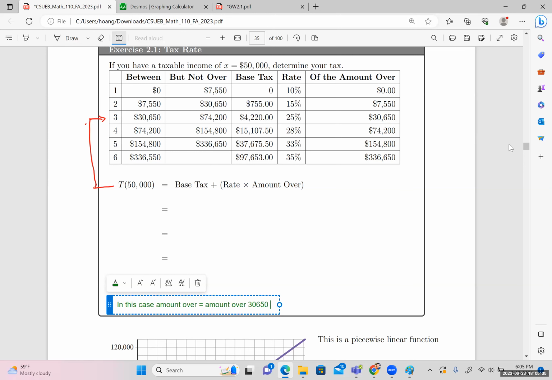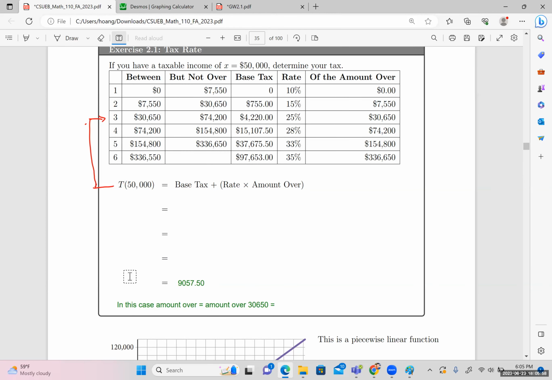So you can go ahead and find that. I'm gonna skip this one and let you try it, but my answer key will be 9,057.50. Okay, go ahead and try that.